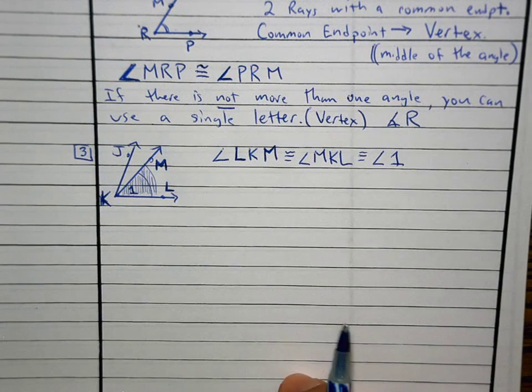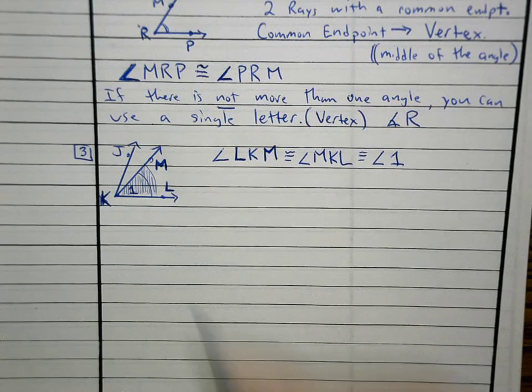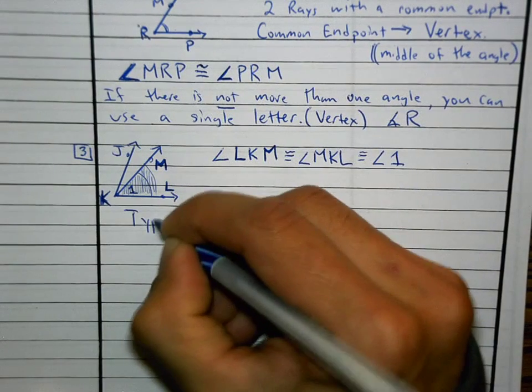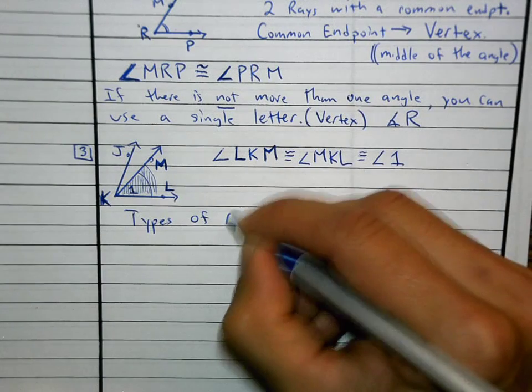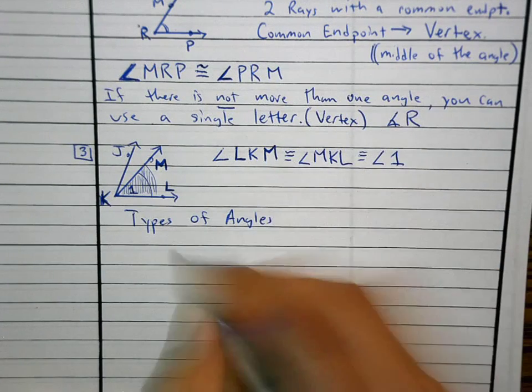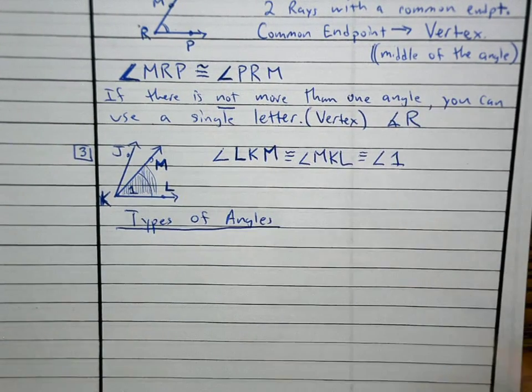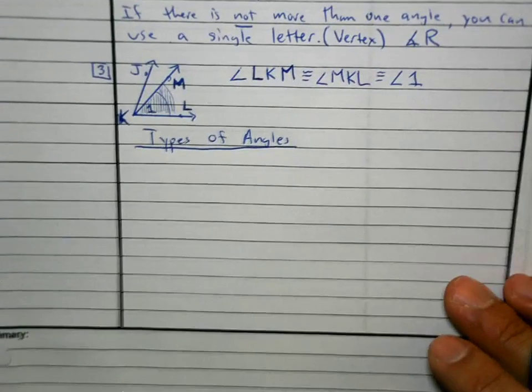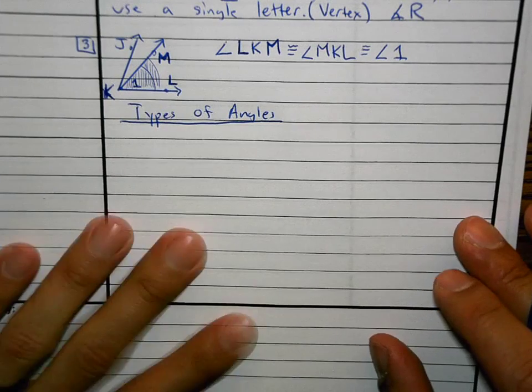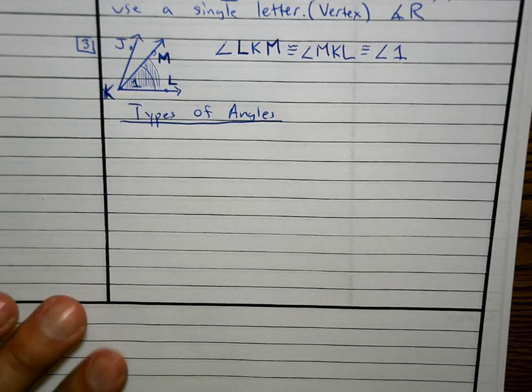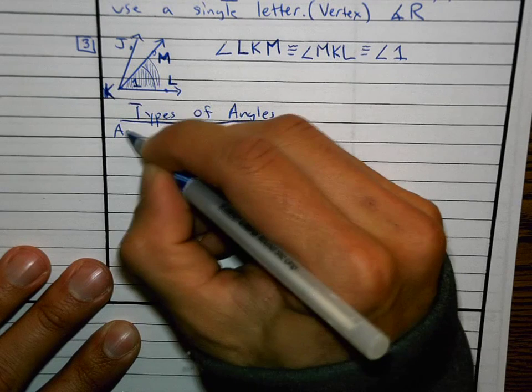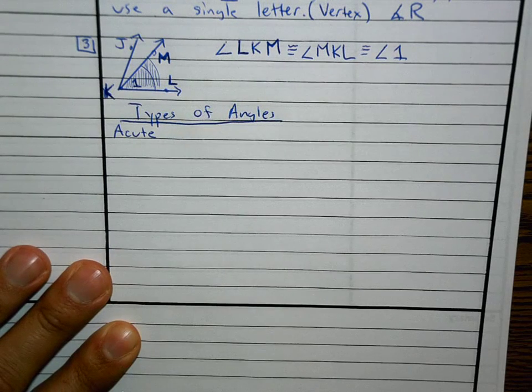Okay, there are 4 different types of angles. Types of angles. I'm going to underline that. There's this type: acute. That's a cute little angle.